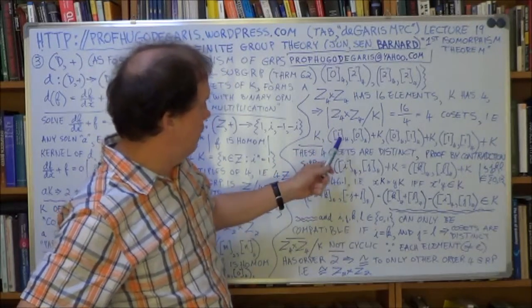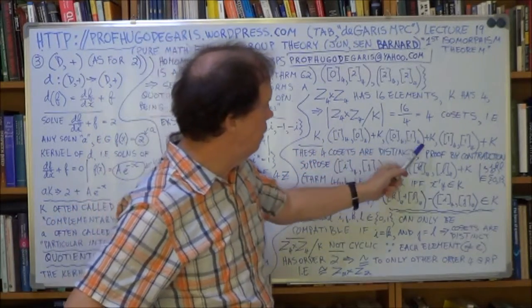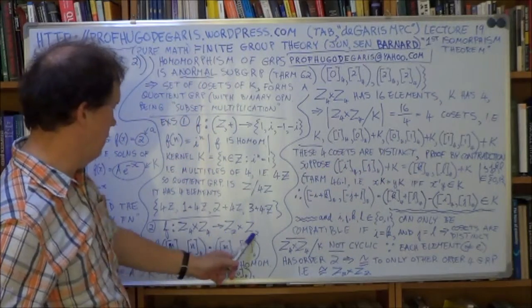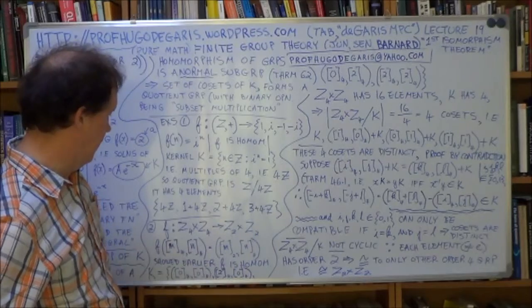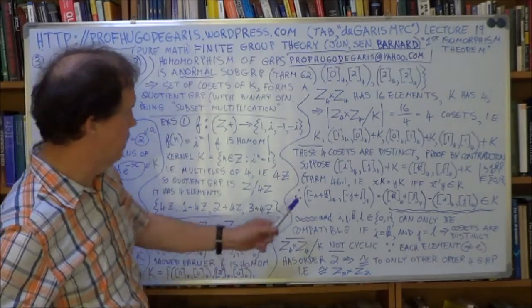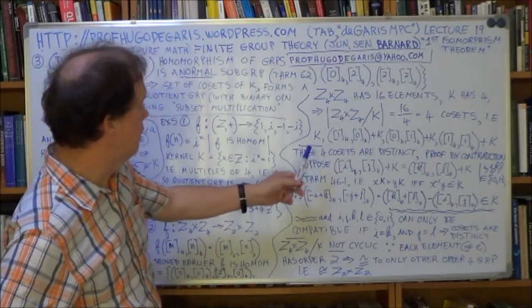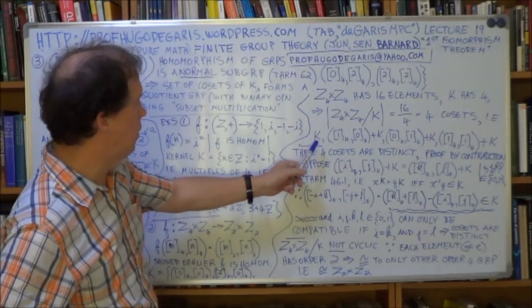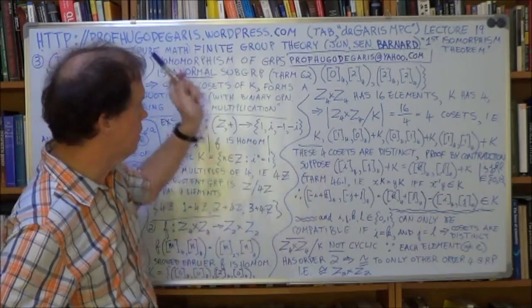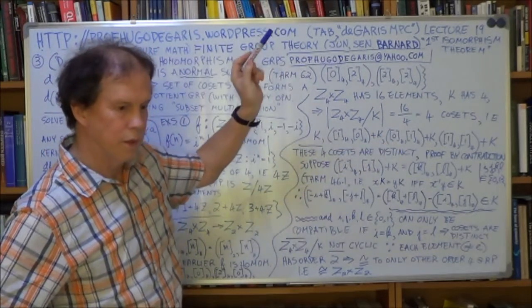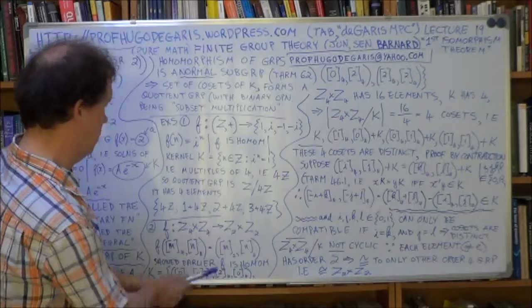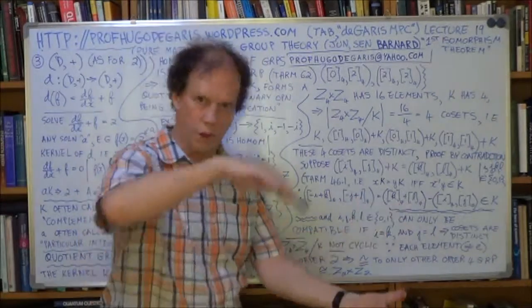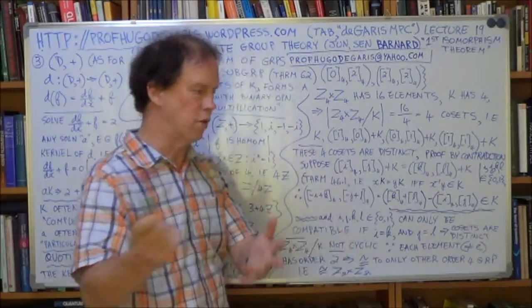Now, notice there's no 2 or 3 here. Why? Because the target group has mod 2s. So if you have 2 or 3, the mod 2 will change it to 0 or 1.